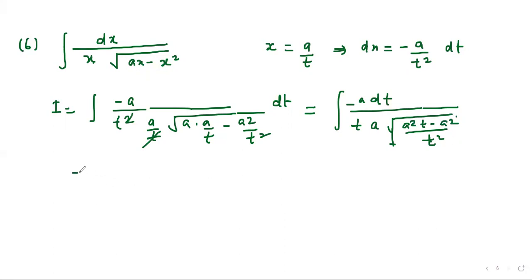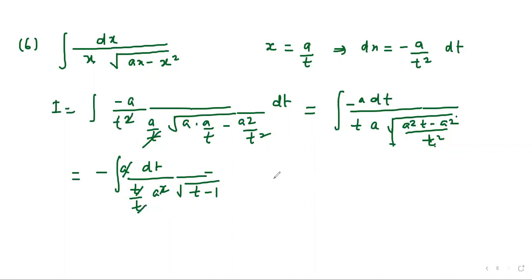So further, −a integration dt divided by, 1/t we can take out from here. So this will become t/t, and 1/a also we can take out from within the square root. So it will become a². Then inside the root, we will be left with t−1. So 1/a is cancelled and t is completely cancelled.